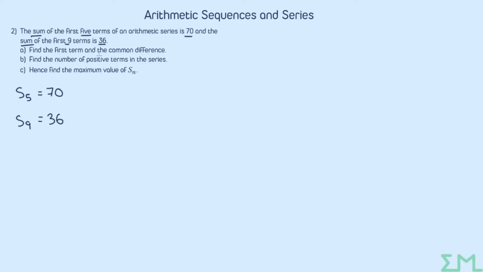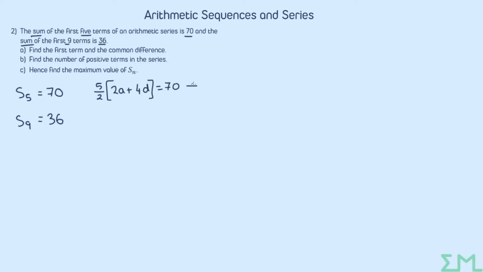So like the last question, we can now write down some equations linking our unknowns together. So that's a and d that we're trying to find here. So Sn formula, 5 over 2, so that's n over 2, times 2a plus n minus 1, which is 4d, must be equal to 70.